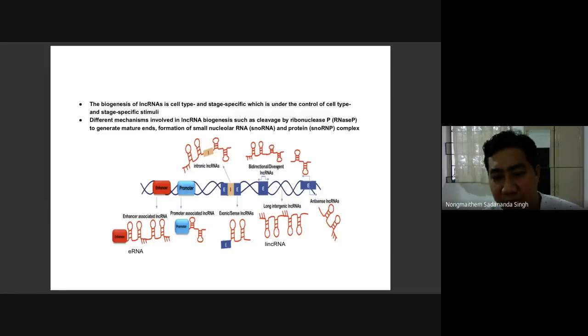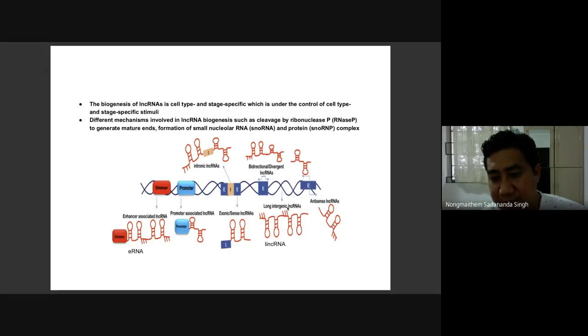And as we talked about earlier, when you have a divergent body, you can see there is a short overlapping sequence here, which can complement each other to form a kind of complex of two long non-coding RNAs. This can be found in many of the regulatory long non-coding RNAs.